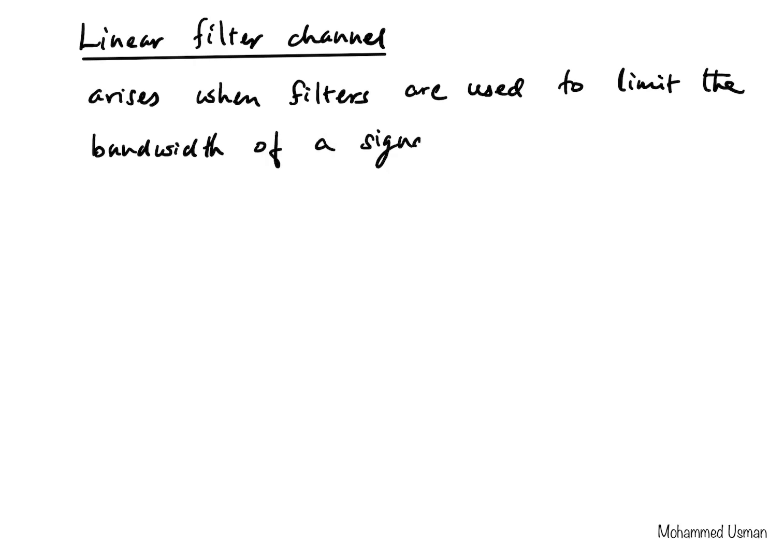In this case, we need to represent those filters using their impulse response. So the channel model would be like this, using the impulse response of the filter, which we call h of t, and let's put that in a box. So that's our filter. That's the impulse response of the linear filter that is used to limit the bandwidth of the signal.